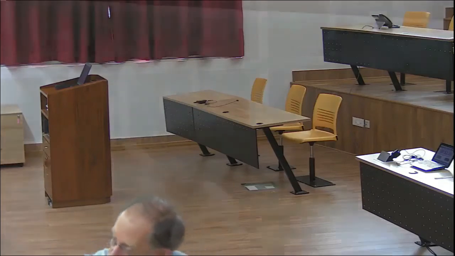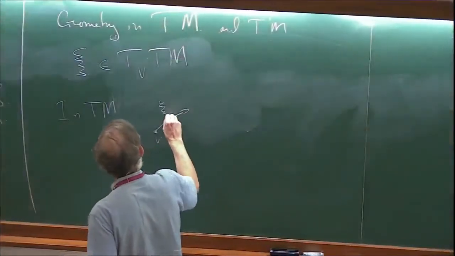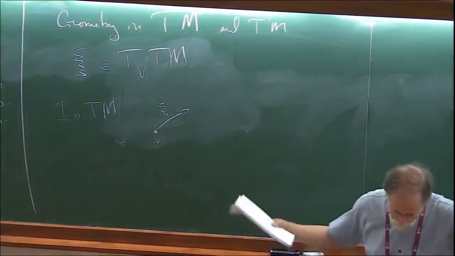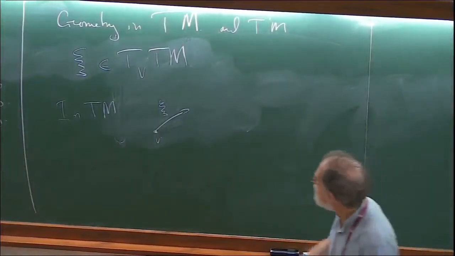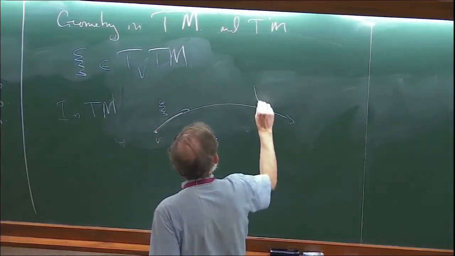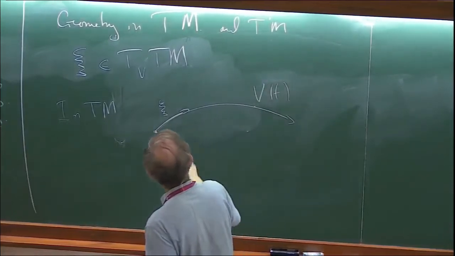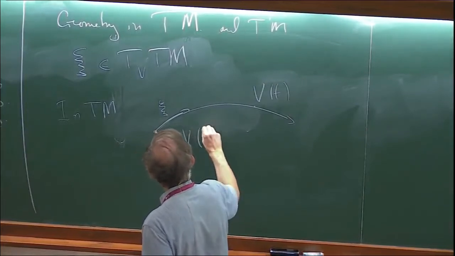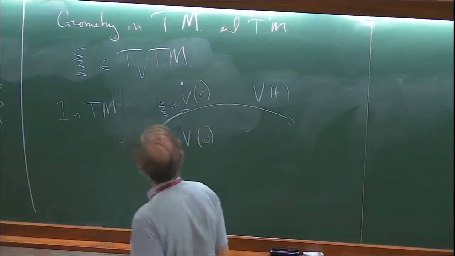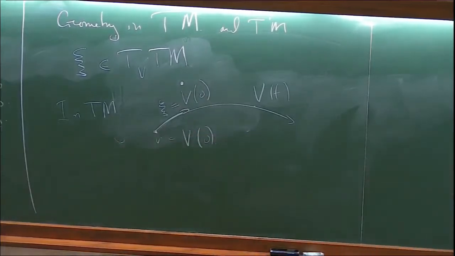So we have our V. Xi really looks like a vector. And then what's the point of a vector? Well, it's tangent to a curve. So we have some curve, v of t. So little v is big V of 0, and xi is the initial tangent vector. So this is a nice abstract picture.